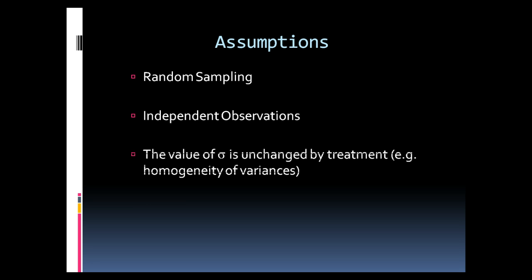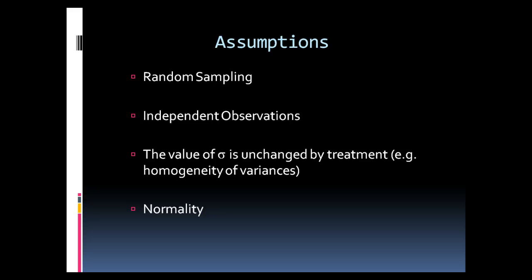What are some assumptions? Some assumptions are random sampling, which is highly desirable in an experimental situation. But if you're having a correlational design, that may not be possible. But you would hope that your sample is generally representative of the population.